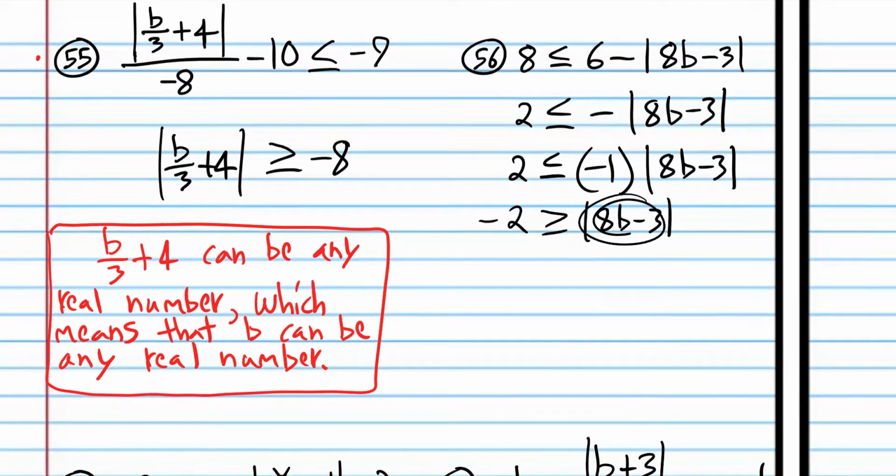It doesn't matter what value you end up with in the absolute value. It's not going to be less than -2, because this is always positive. The smallest that you could make this number is 0, but that still is not going to be less than or equal to -2. So the answer is no solution.